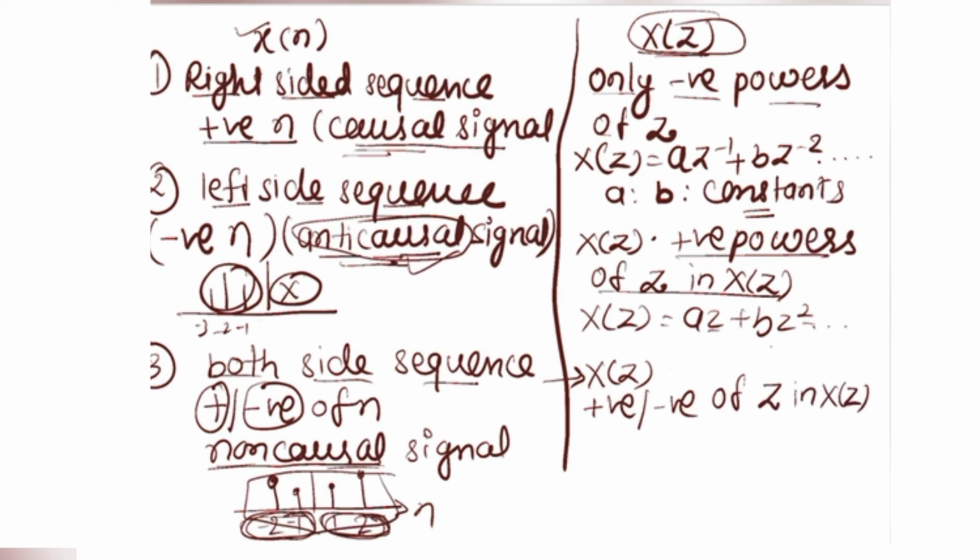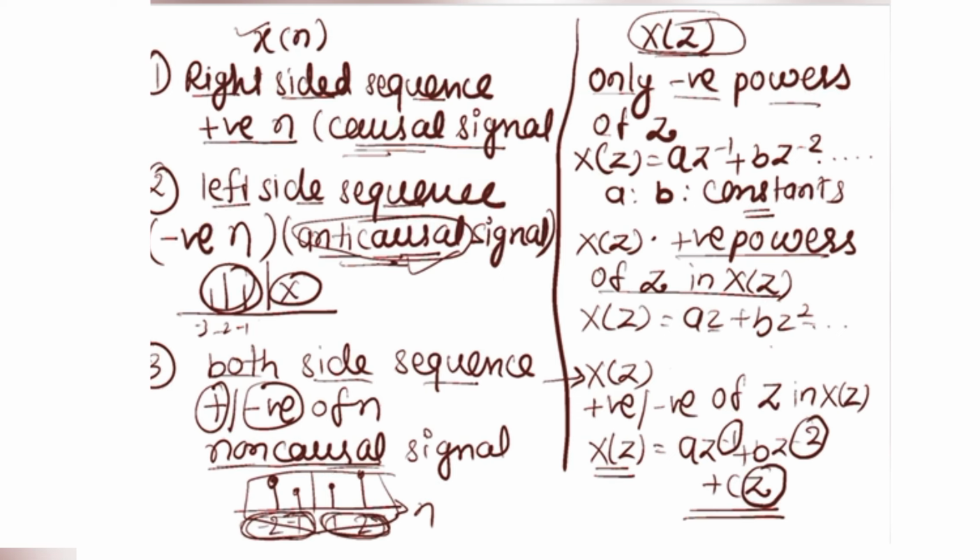So if you are getting the Z transform X(z) = az⁻¹ + bz⁻² + cz, you can see there are some negative powers and one positive power of z in the Z transform.